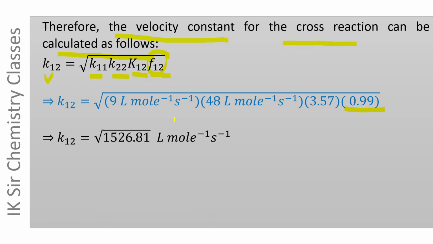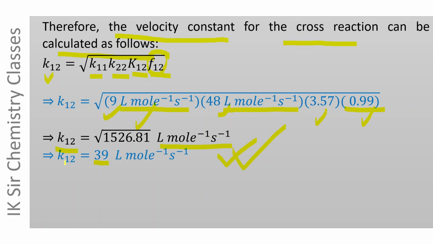On multiplying these terms, we get K12 equal to the square root of 1526.81, and the square root of this term is equal to 39. That is, the velocity constant for the cross reaction is 39 liter per mole per second, and this value has been calculated with the help of experimental values.